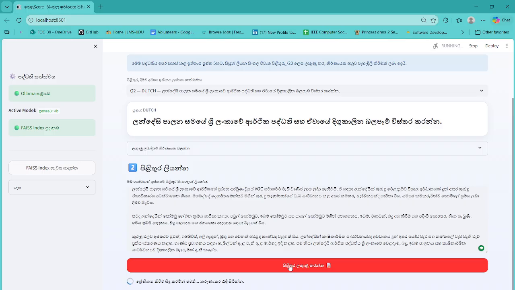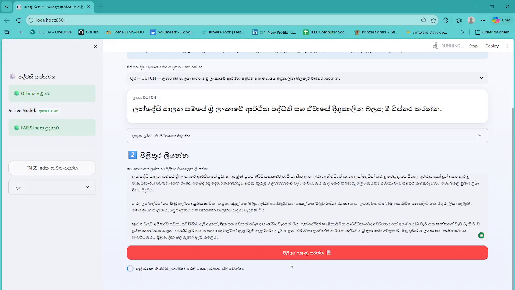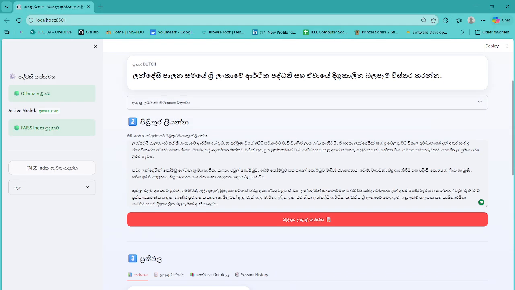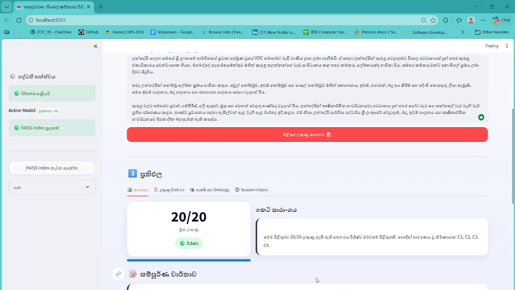This is the demonstration of the main scoring workflow using the Dutch economic system question. It takes quite a while. You can see the system is running completely offline. Here are the results.